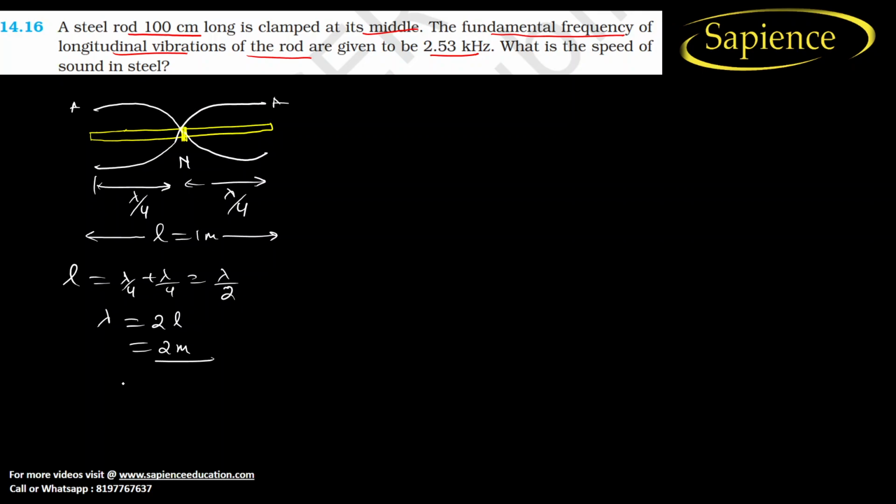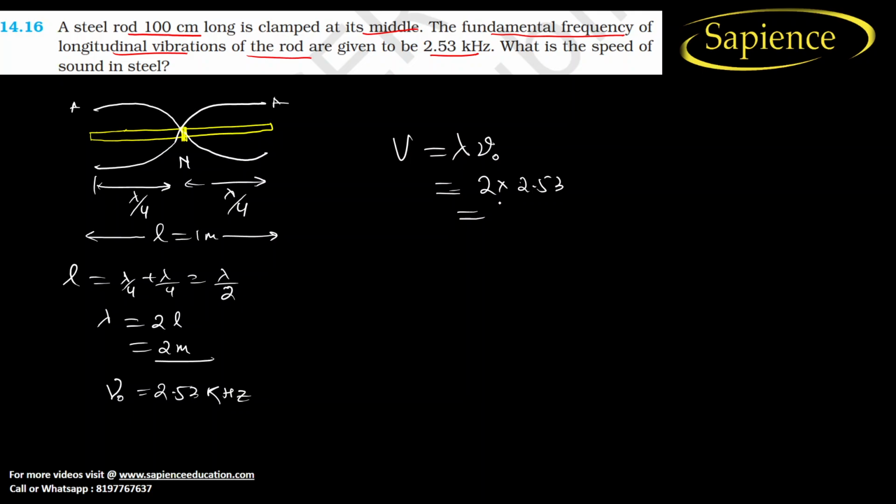Got it? Now they have given that the fundamental frequency is 2.53 kilohertz. So from here we can find the velocity. Velocity will be equal to lambda into frequency. Lambda is 2, and frequency is 2.53 kilohertz.